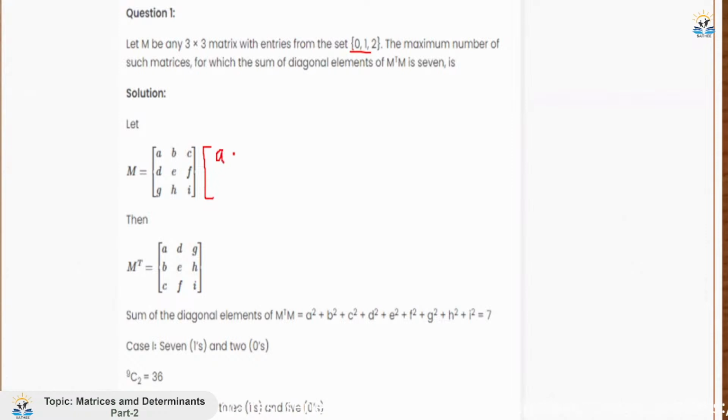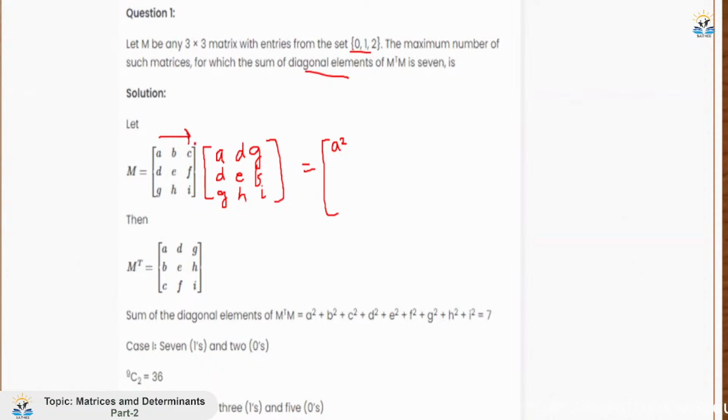a d g, d e f, g h i. This thing is equal to, simply multiply, you will get a square. Just write the diagonal elements because you need the sum of diagonal elements only. So why would you write the other elements? Just write the diagonal elements.